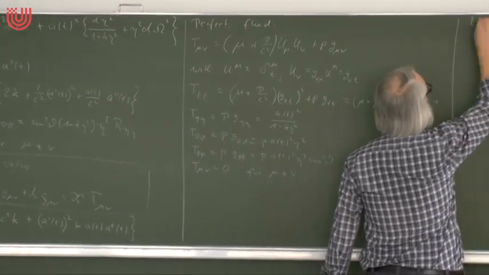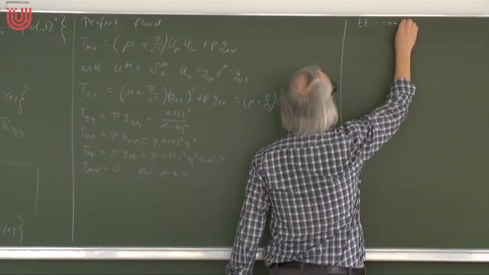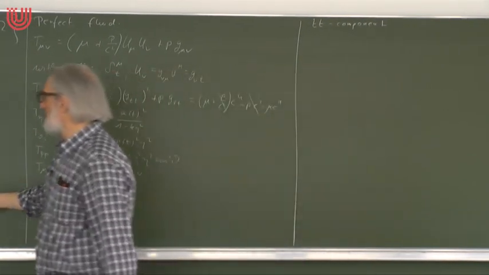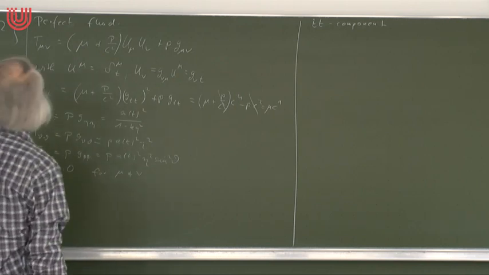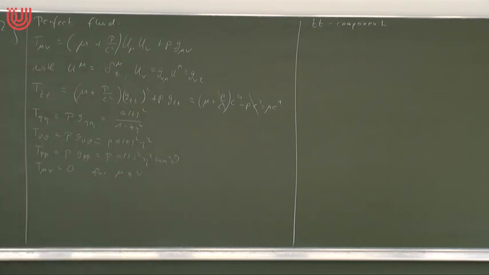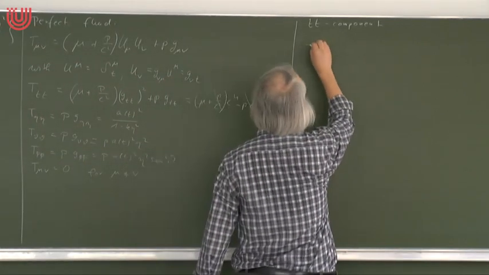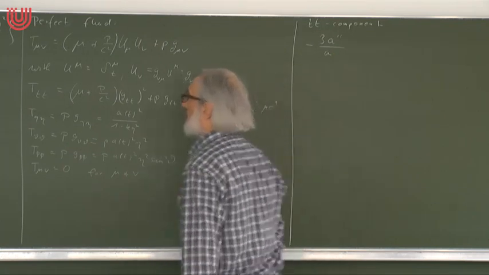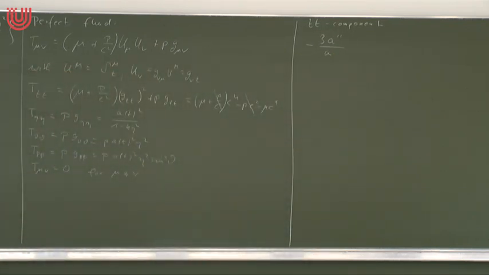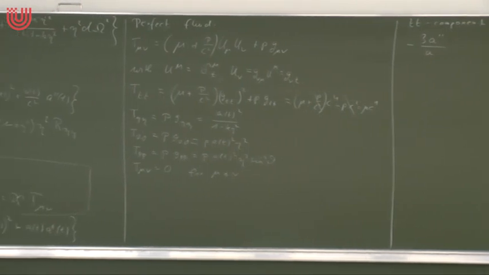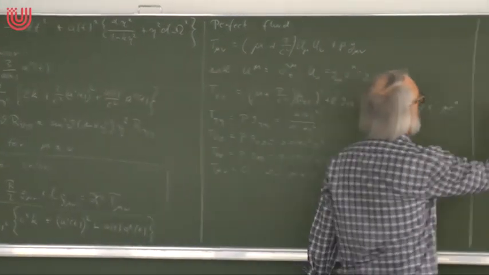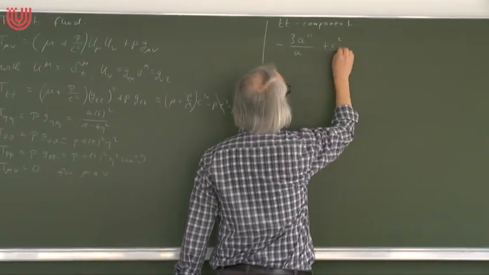So the tt component of the field equation. I write this equation now with mu and nu equal to t. So then I have on the left-hand side R_tt. This is minus 3 a double prime over a. I allow myself to drop the arguments now. And then I have minus R half g_tt. Minus g_tt is plus c squared, with the 1/2.